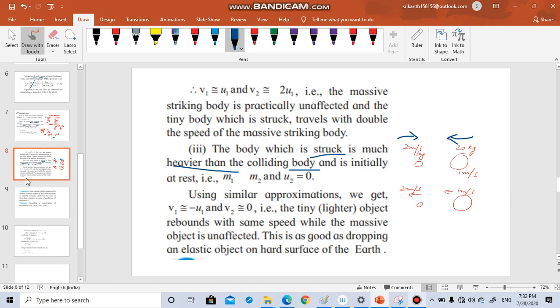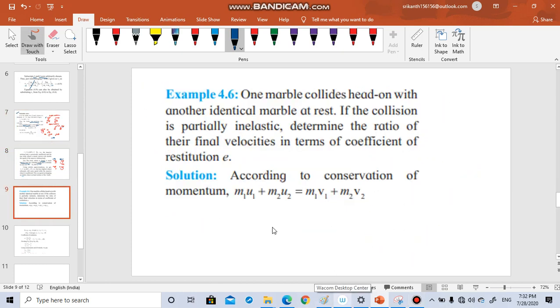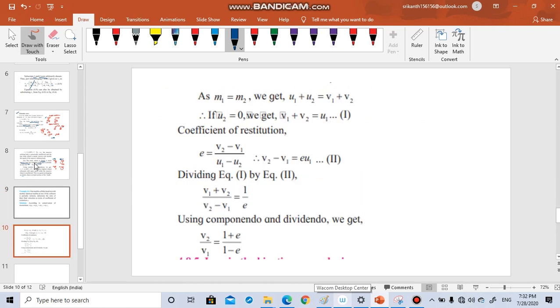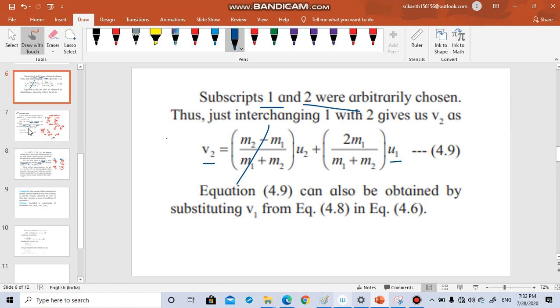This also can be proved with that equation. If you go to this equation, you see one mass is small, another mass is very big. What happens? The denominator becomes very big, the numerator becomes very small, so the second term can be ignored.